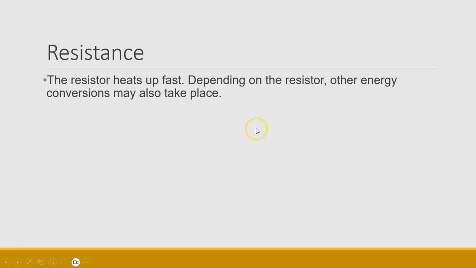In a resistor, the friction is going to cause the resistor to heat up fast. Now, depending on the resistor and what we want to use that resistor for, other energy conversions may take place. And of course, that depends on the appliance that we're using and the resistor within that appliance.